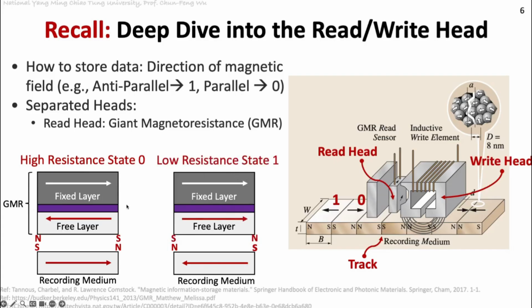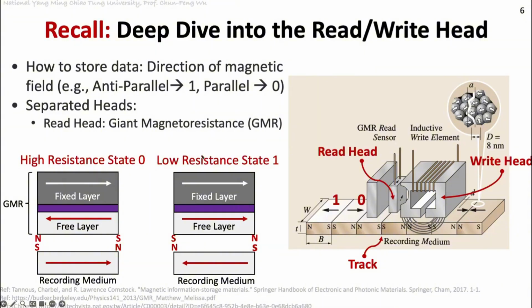Okay, so the hard disk drive will always give a voltage to the GMR, and then you have the voltage and you have the resistance, so you can get a current value. By sensing the current value, we can know whether the GMR is in a high resistance or low resistance state. If it is in high resistance, it means this recording medium is 0.